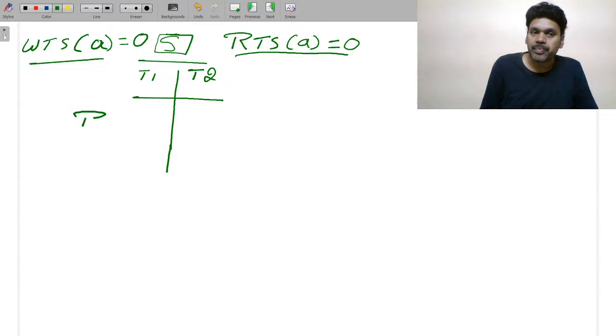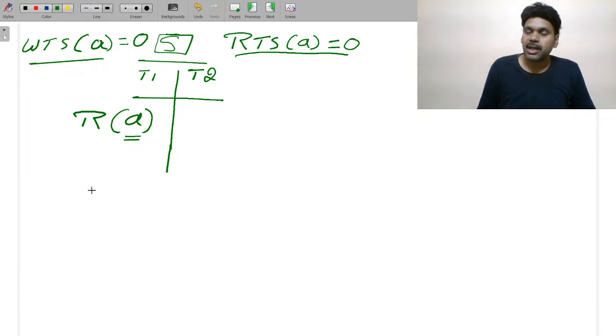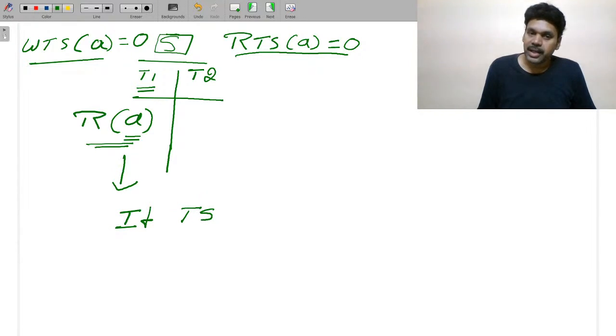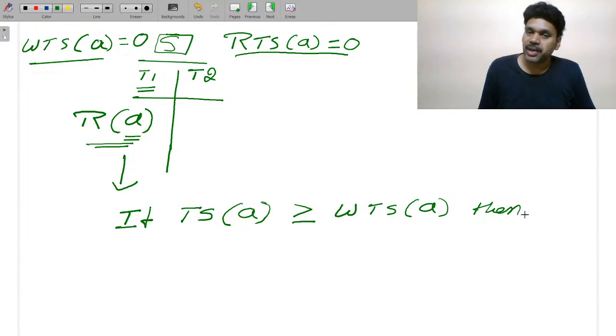I want to perform a read operation on object A. When you want to perform a read operation on object A, you need a small validation whether this object can be granted to T1 or not. So how to decide? If the requested timestamp on object A is greater than or equal to the write timestamp of A, then please observe, friends.